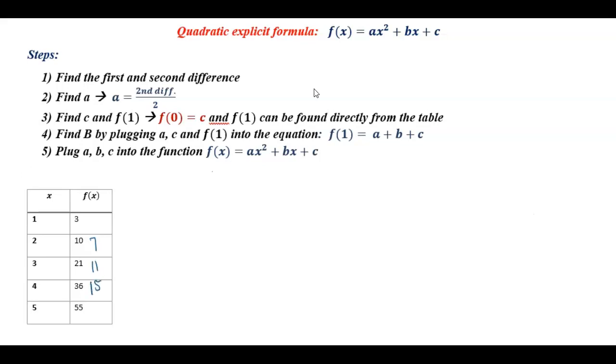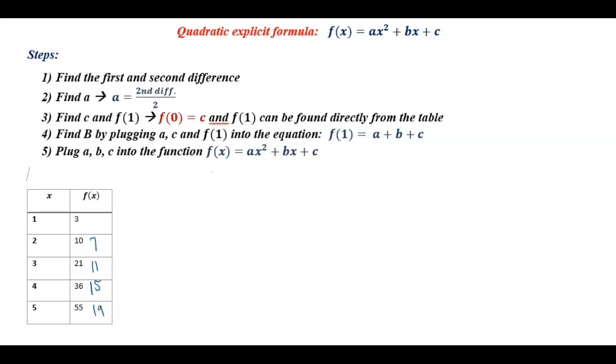And what do I add to 36 to get 55? That'll be 19. So 7, 11, 15, and 19 is our first difference. We don't know yet if it is quadratic. If our second difference is constant, then this is a quadratic function. So let's see.